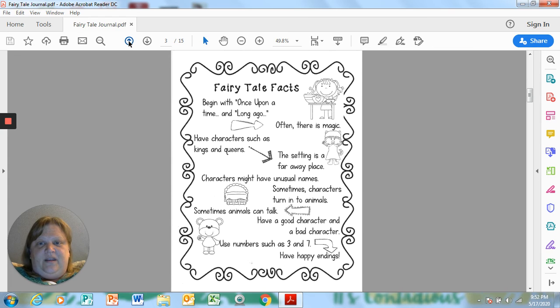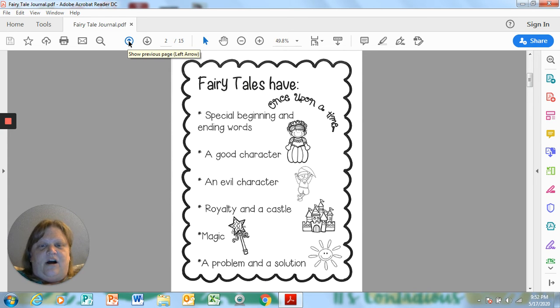Also, oftentimes they have royalty and a castle, and they always have a problem in the story and a solution. There's a way the problem gets solved.